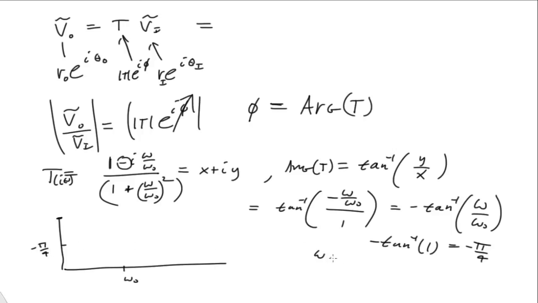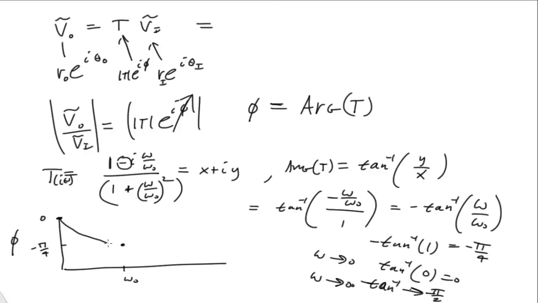Now if I take omega to 0, inverse tangent of 0 is 0, so we're up here at 0. Now if I take omega all the way to infinity, inverse tangent with the negative goes all the way to negative pi over 2. So we see our Bode plot, or our phase angle. So this is our phase. It looks like this. We have a point there. It kind of looks like this.